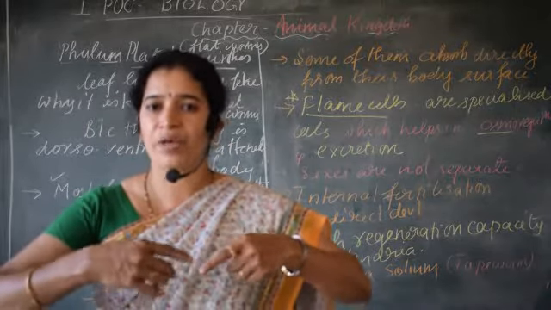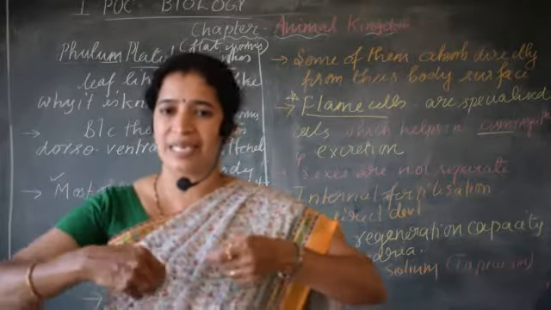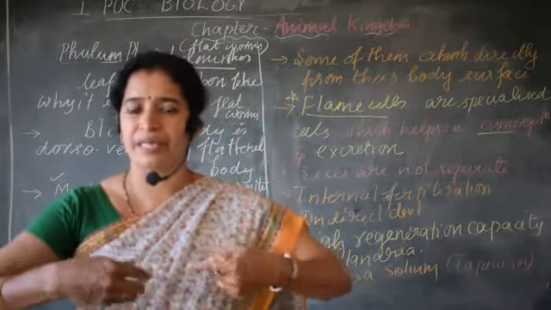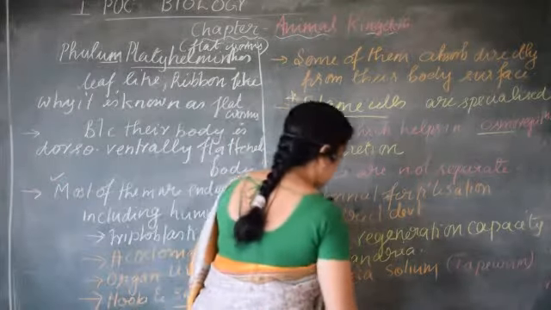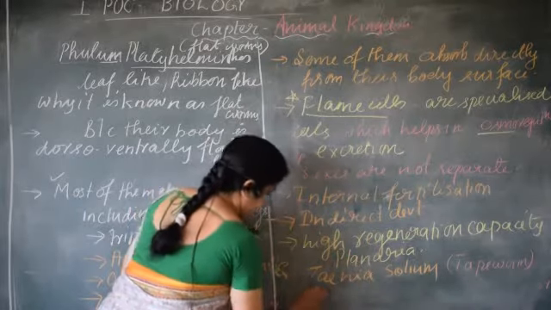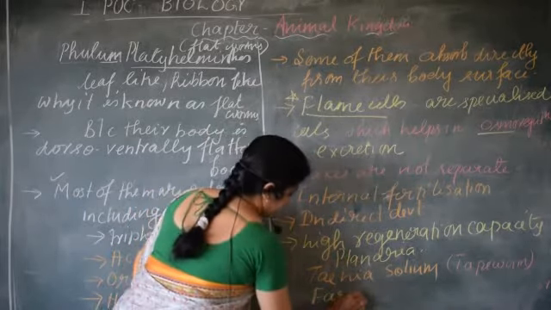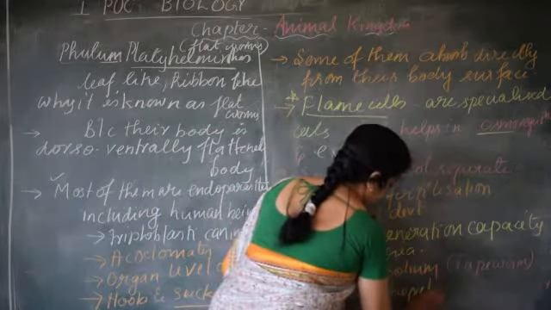So they use pencils to rotate and remove the tapeworm from inside the body. So Taenia solium is a tapeworm. Then another is Fasciola hepatica, which is a liver fluke.